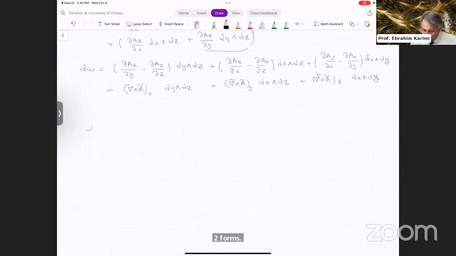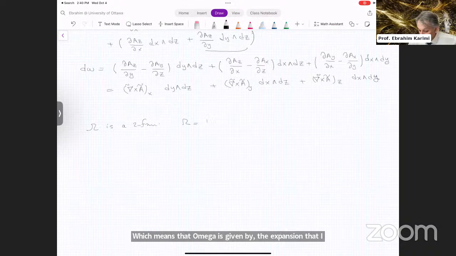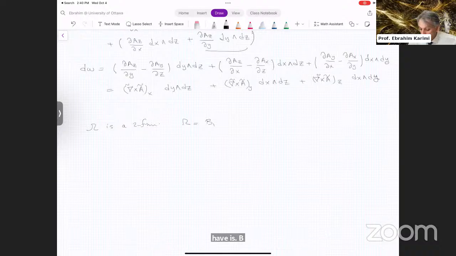So assuming that omega is a two form, which means that omega is given by the expansion B1 dy dz, B2 dz dx, B3 dx dy, sorry.